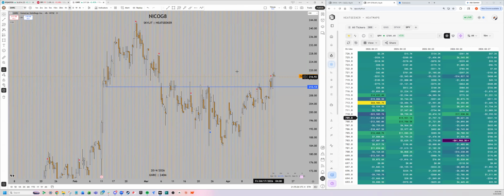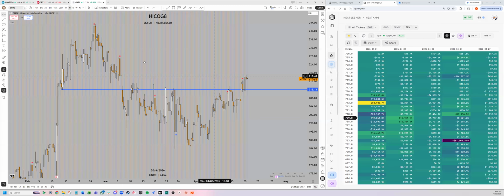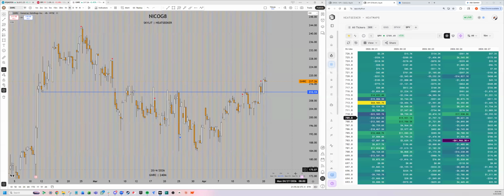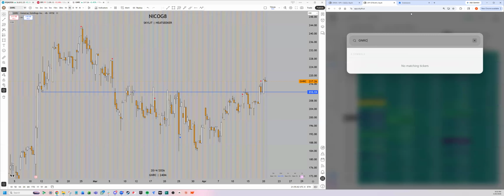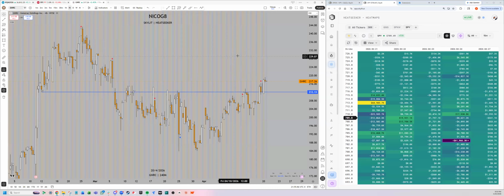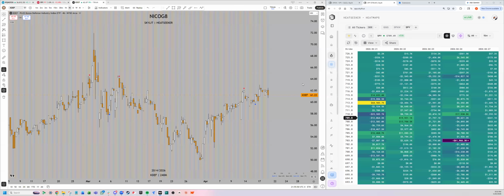So if we're holding here, I think you can get a push higher, maybe towards this liquidity here, like 225-ish. That's probably my guess there. I have no idea what this company is though, I'll be honest. I don't believe it's on Heatseeker. And then KDEF. I don't know what either of these companies are, but I'll chart KDEF as well.